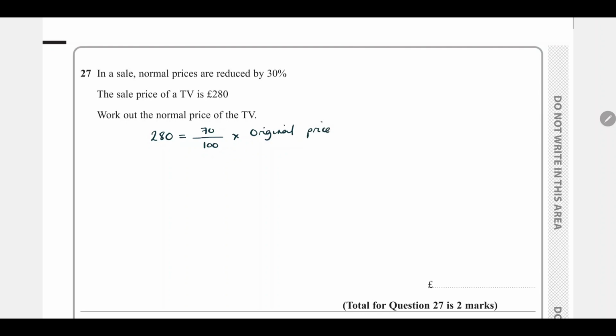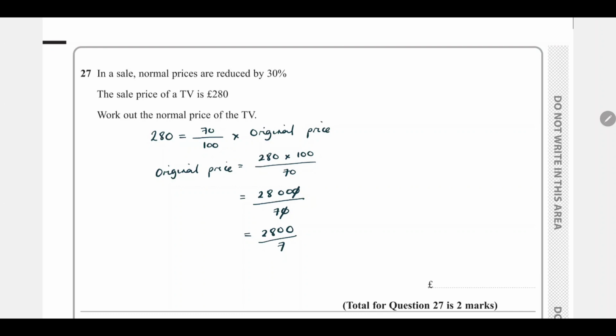And so if we rearrange this equation to get original price as the subject, that will look like this. Original price is equal to 280 multiplied by 100 over 70. That is equal to 28,000 over 70, which is equal to, we can cancel the zeros out, 2,800 divided by 7.